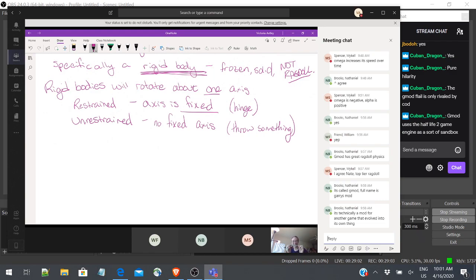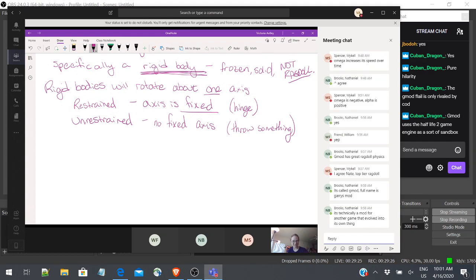There is no fixed axis. It's not locked in place, right? This would be a fixed axis where it is rotating about the location where I am holding it, right? Versus if you are just spinning it, right? Whee! It's going to rotate freely.